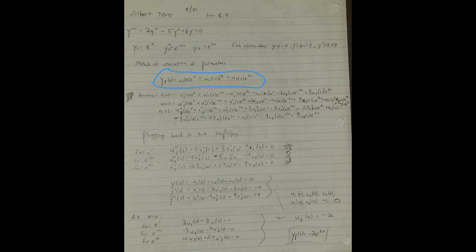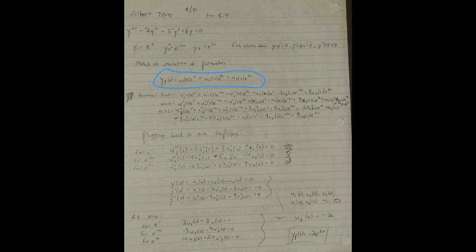So when we plug it back in and simplify, for the e to the x we got y to the third derivative, and those all equal 0. That's what those next three lines are, plugging back in.